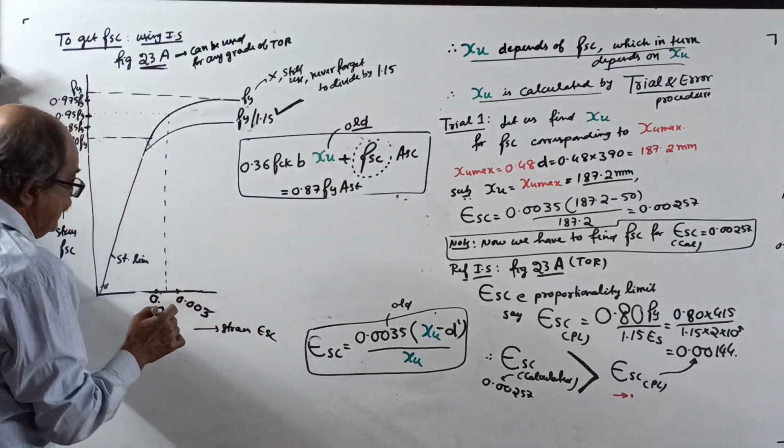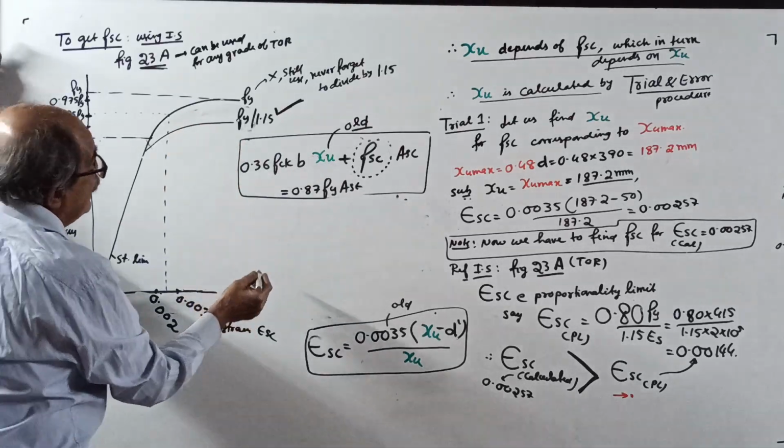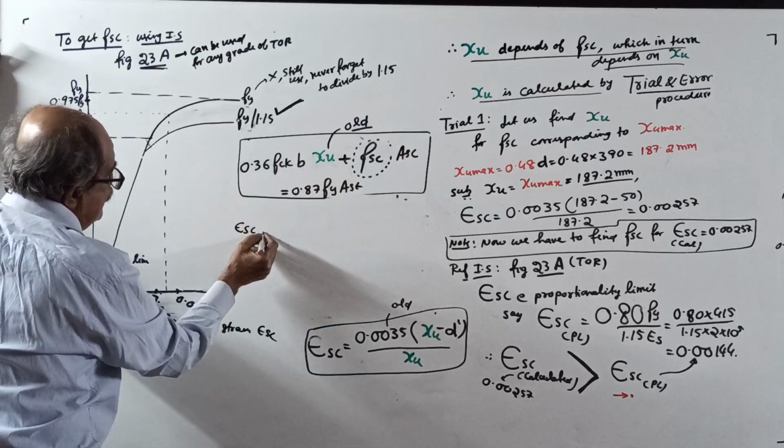Start. Our strain is, make a note here, epsilon sc. I'll write it down.